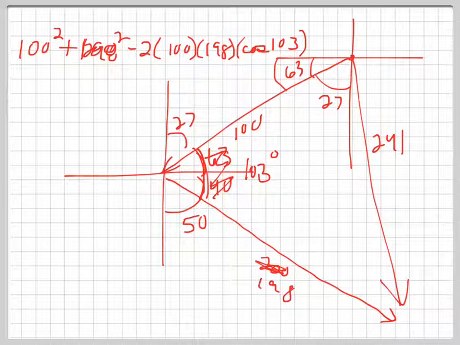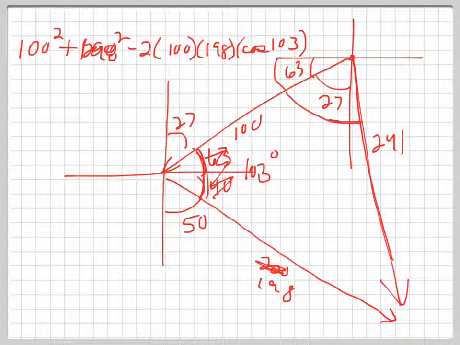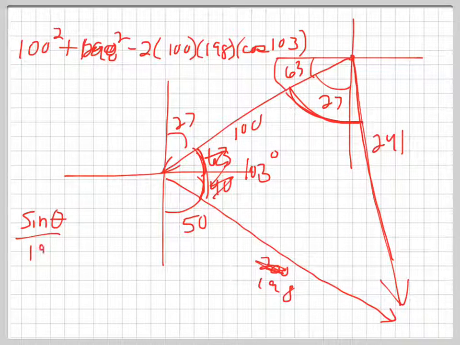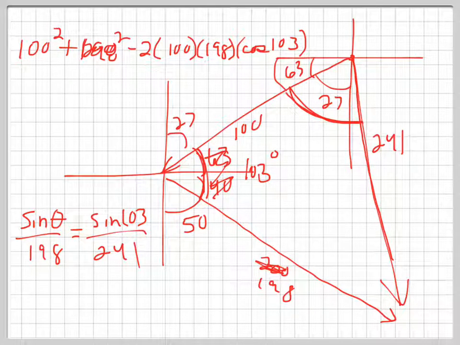And I got to figure out where this is. This one here is coming from down here. So I'm going to figure out where it is on this grid. I'm going to try to figure out this angle here. I think that might be helpful, and I can do that. I can do sine of that angle over 198 equals the sine of 103 over 241.